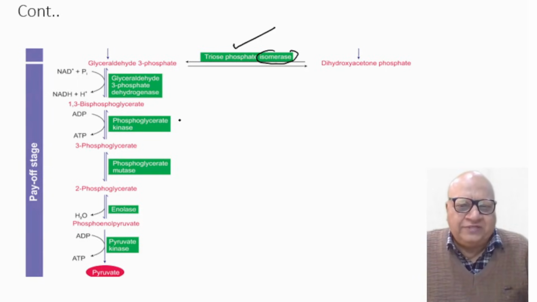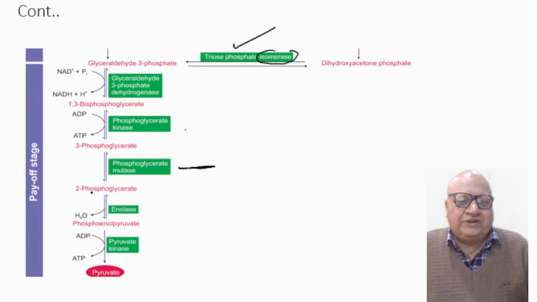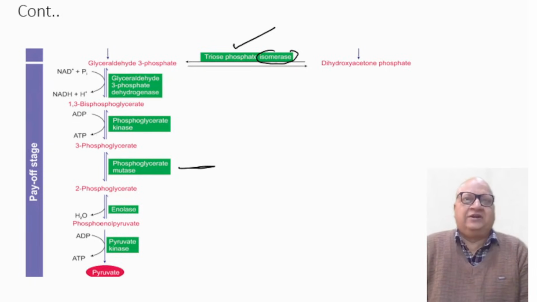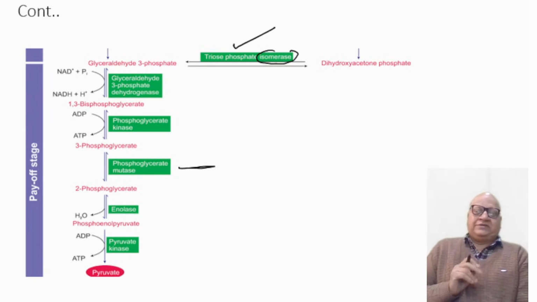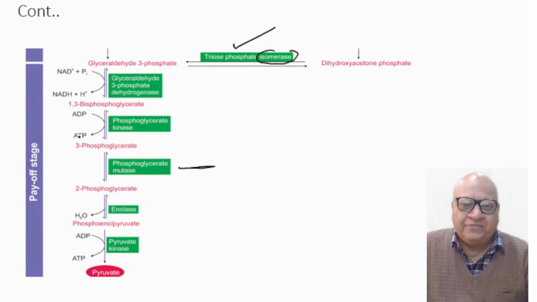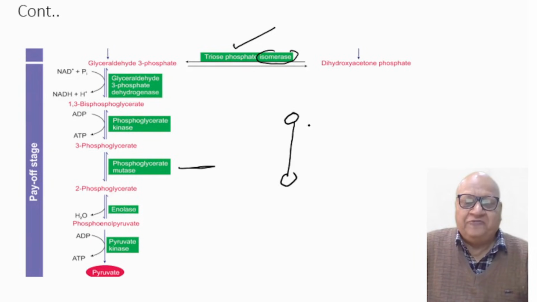What about this enzyme? 3-phosphoglycerate to 2-phosphoglycerate. Students have been making mistakes, I have seen, by calling this an isomerase, but it is not. It is only transferring a phosphate group from one position to another position within the same compound.